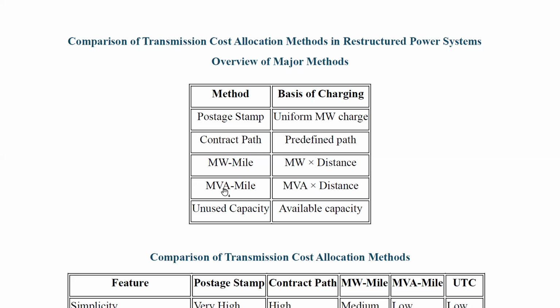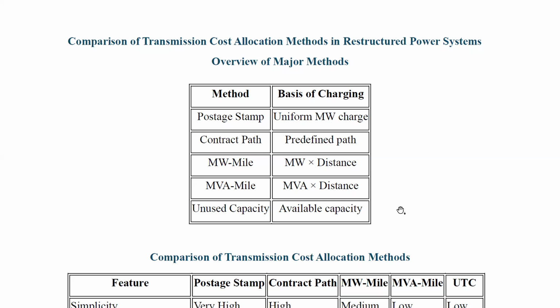Next comes the unused transmission capacity method. It is based on the UTC, that means total capacity minus the used capacity, which gives the unused transmission capacity.